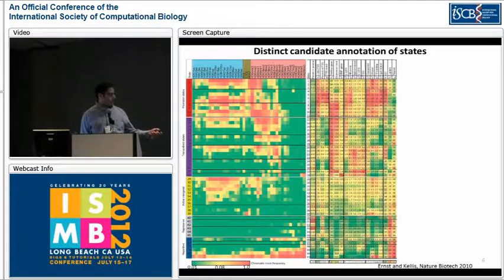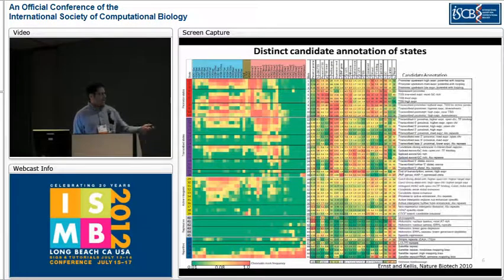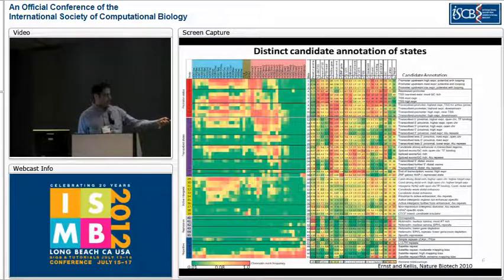So then you can go across the genome and annotate locations to the specific states, and then determine enrichments for certain genomic categories, and then come up with candidate annotations for each location in the genome. So this was applied in this one specific cell type, CD4 T cells.